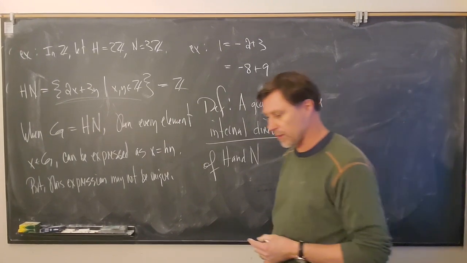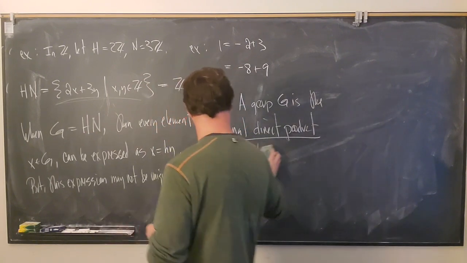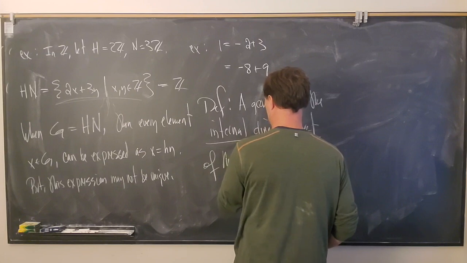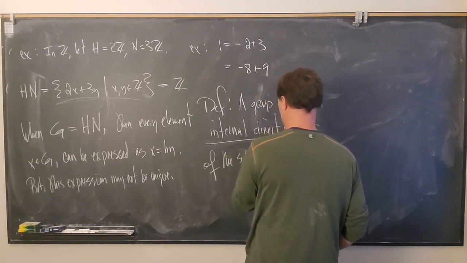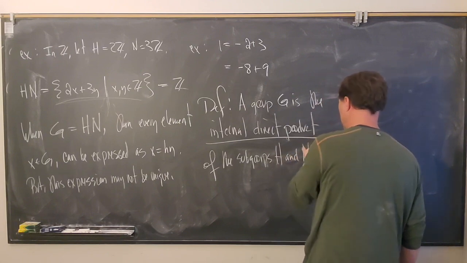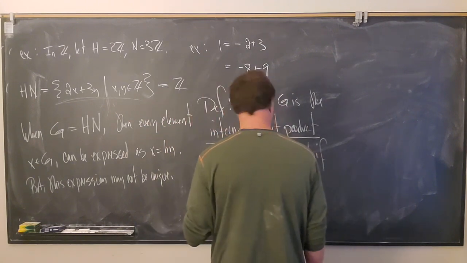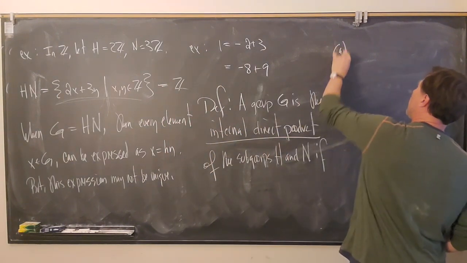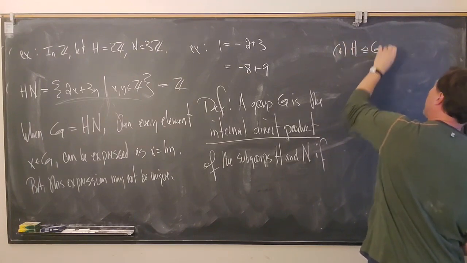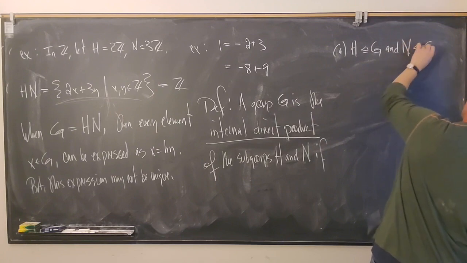So here we are, we're learning about that now. It's the internal direct product of the subgroups H and N if 3 things happen. Part A, H is a normal subgroup of G, and N is a normal subgroup of G.